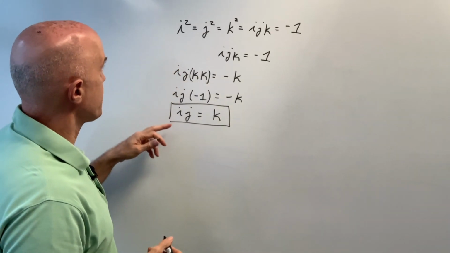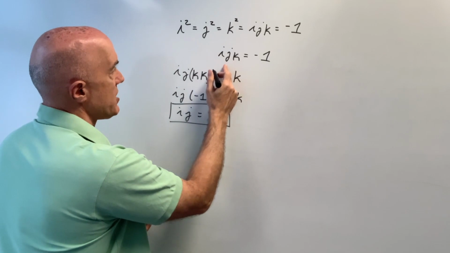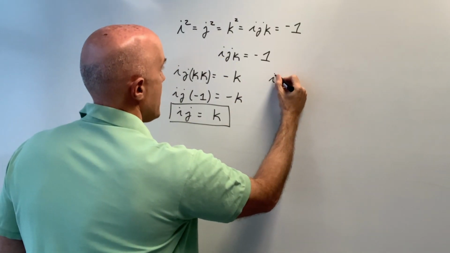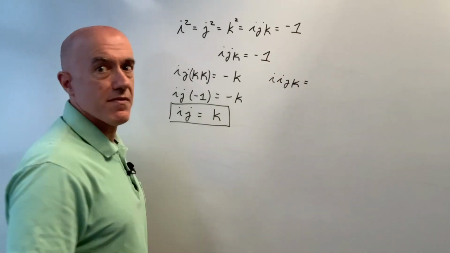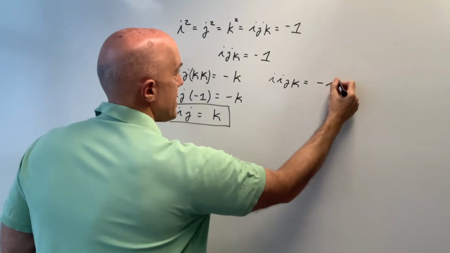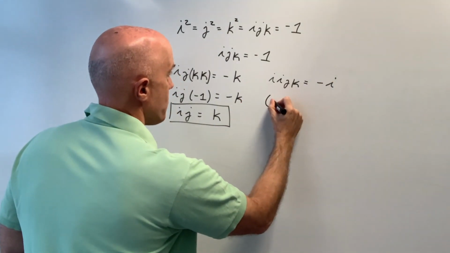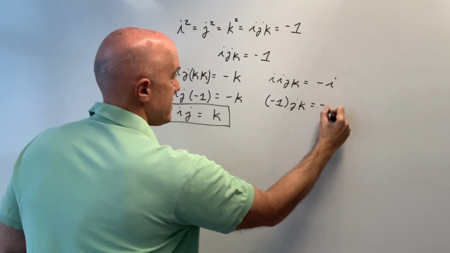If we now want to figure out what j times k is, we can take ijk and multiply on the left by i. So we'll have an i times a j times a k. We multiply -1 by i, we get -i. Now i squared is -1 times j times k equals -i.